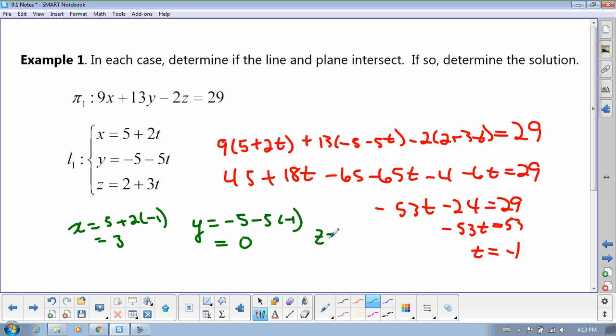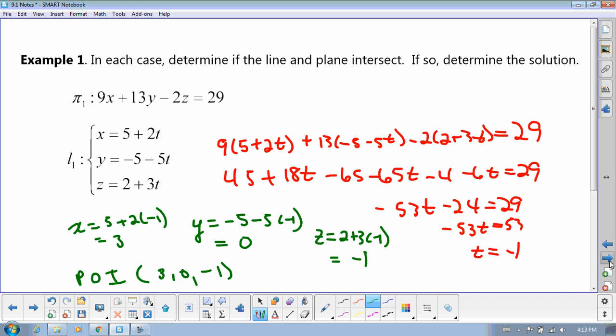And then z is 2 plus 3 multiplied by negative 1. So that's negative 1. So that point of intersection, POI, would be (3, 0, -1). If you were to take that point and substitute it into the expression up top, you would find that it will also satisfy that equation. So that's the first scenario.